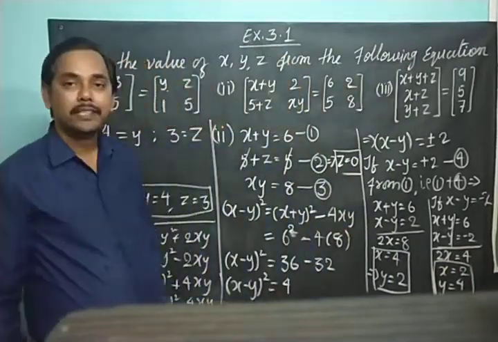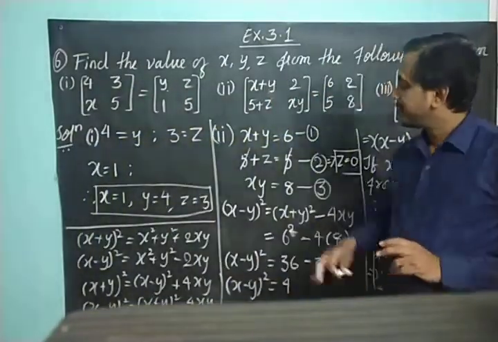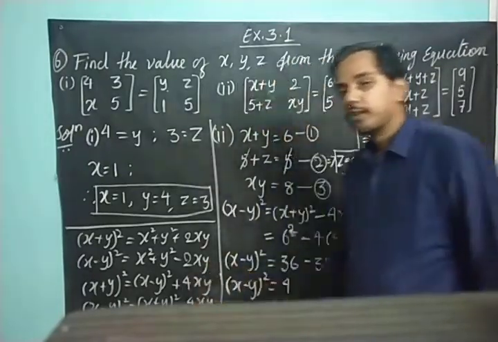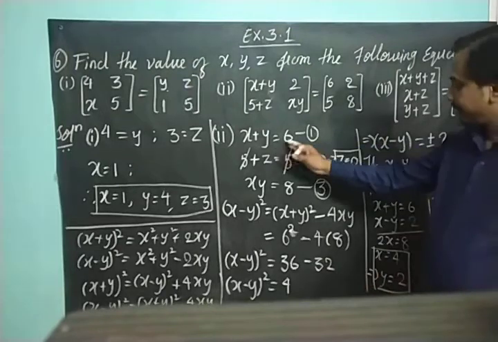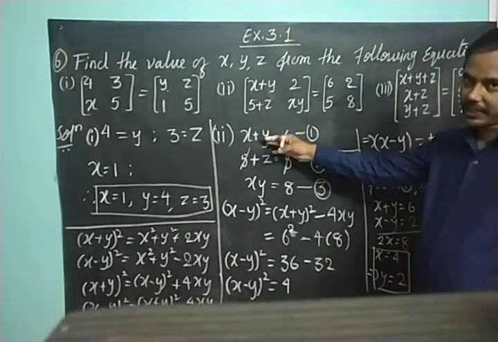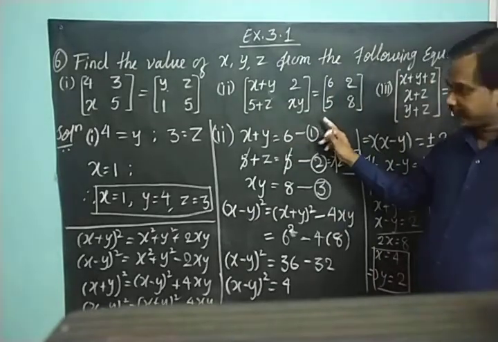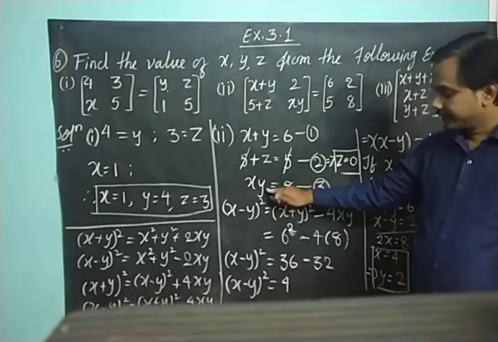Is that clear? This is how we need to solve for x, y and z. This is how we can make use of this formula to get the value of x, y and z. Or simply, if you calculate the x, y and z as I said in the first case, that also can be used. Shifting x to the other side, y will be 6 minus x, substitute it here, then you will get x.